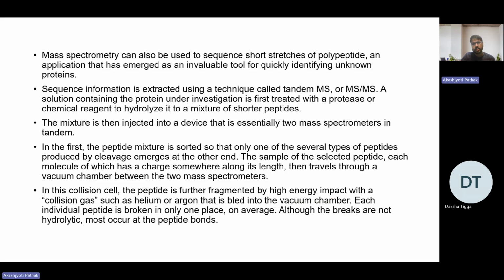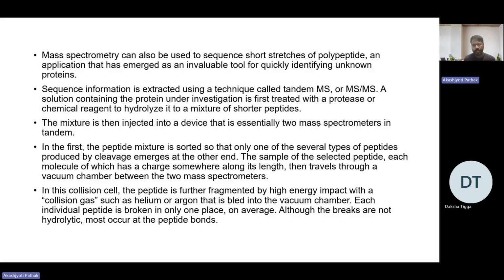Mass spectrometry can also be used to sequence short stretches of polypeptide, an application that has emerged as an invaluable tool for quickly identifying unknown proteins. The sequence information is extracted using a technique called tandem mass spec or MS/MS. So basically, what is done in tandem mass spec? The first step is that you treat your protein with a protease, either trypsin or a chemical reagent.